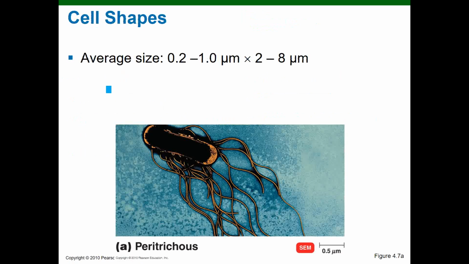All right. So one of the big differences between prokaryotic and eukaryotic cells is the size of the cell. The average size for prokaryotic cells is going to be much, much smaller generally than eukaryotic cells. This term right here is micrometer. It's the Greek letter mu, so that's what you're seeing here.